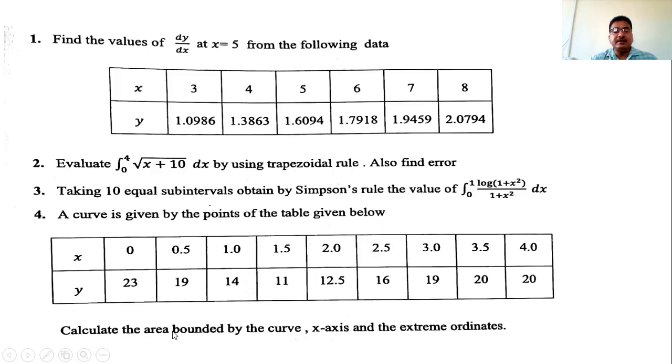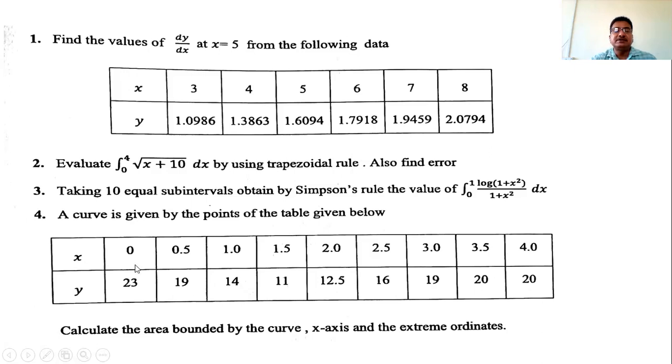So directly write: area bounded by the curve, x-axis and the extreme ordinates is equal to integration 0 to 4 of y dx. So what we have to find in this problem is the integration of y dx from 0 to 4, naming these points y0, y1, y2, y3, y4, y5, y6, y7, y8.